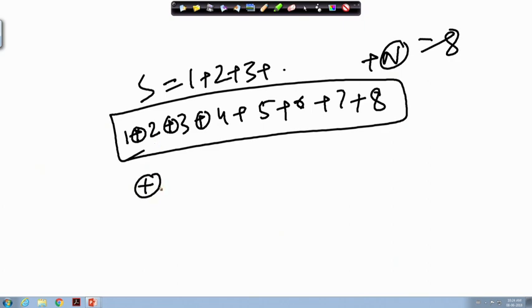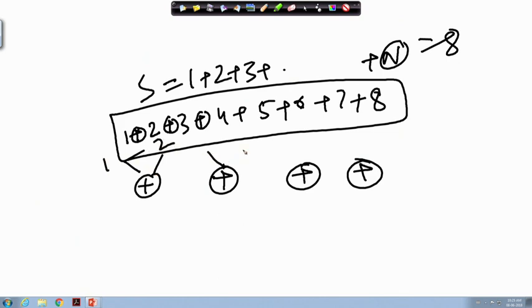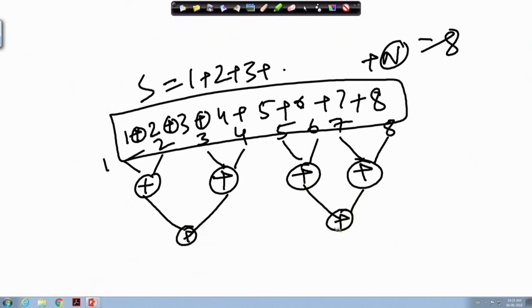We can use adders something like this, where I can put 1, 2, 3, 4, 5, 6, 7, 8. Then these again I have to add, then this to this.